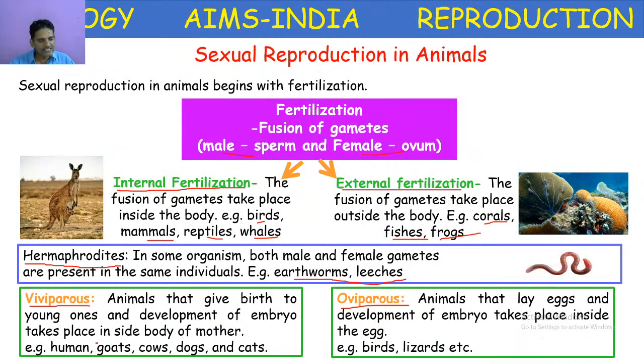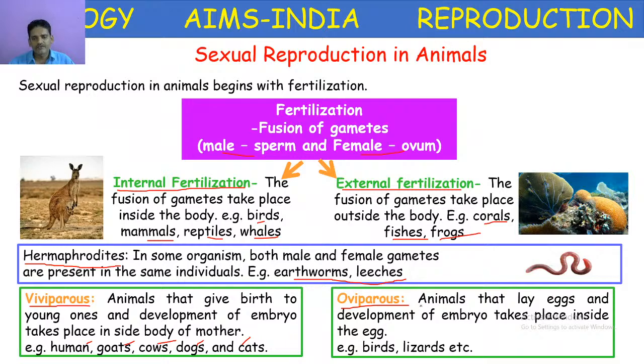Most of the mammals, or all mammals, are viviparous. Humans, goat, cow, dog, cat, rat, bat, all these come under the viviparous category. Higher vertebrates.